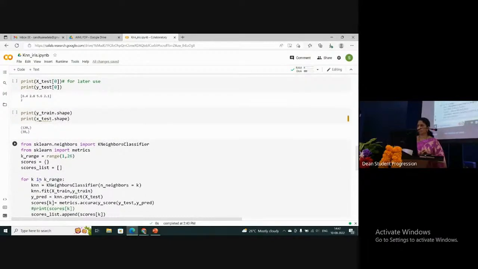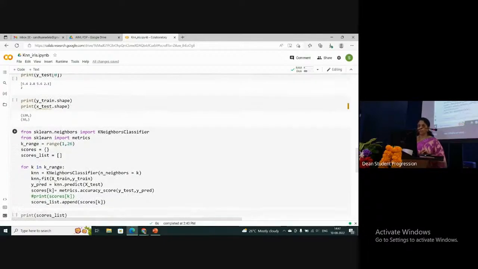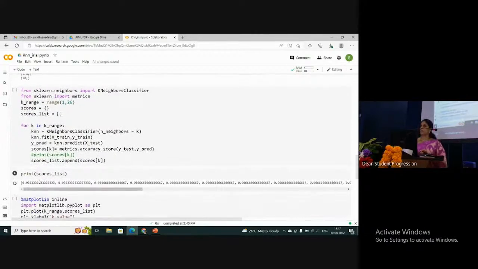Shape is just going to tell you how many tuples are there in that particular training data set or your test data set. Now, what is it that I'm doing? Sklearn is one important library in Python where almost all the machine learning algorithms are internally implemented.